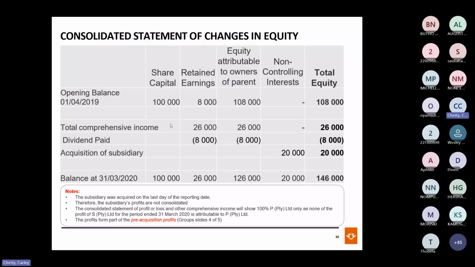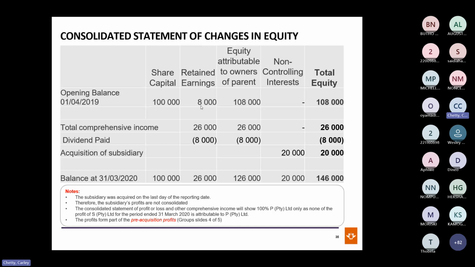So here we have a statement of changes in equity. And remember that this acquisition took place on the last day. So let's have a look at share capital. Remember that the share capital and retained earnings columns show P's equity. P had an opening balance of share capital of 100,000 and a closing balance of share capital of 100,000.